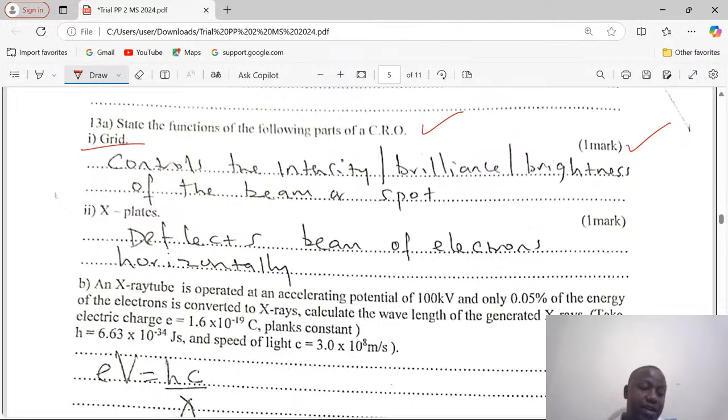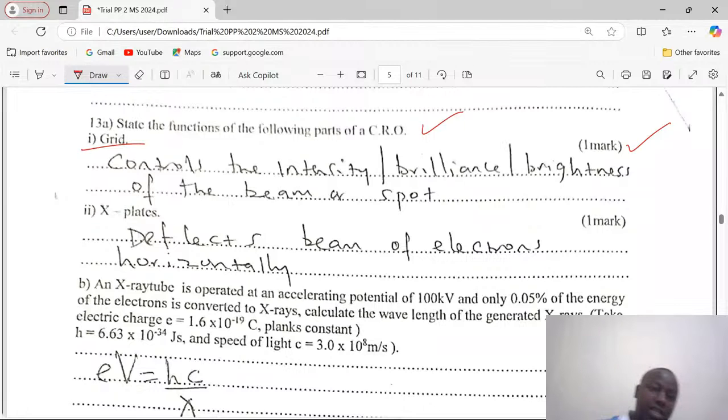There is a screen where the beam is directed to, so the grid controls the brightness. In other exams, somebody might be told to explain how the grid ensures that the intensity of the brightness at the screen is controlled.